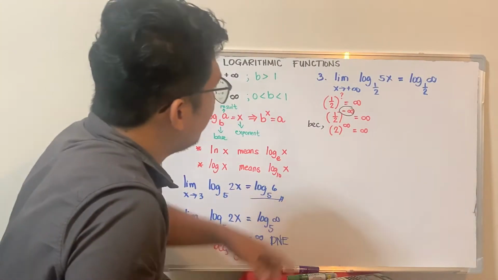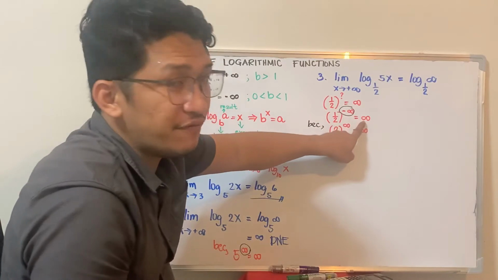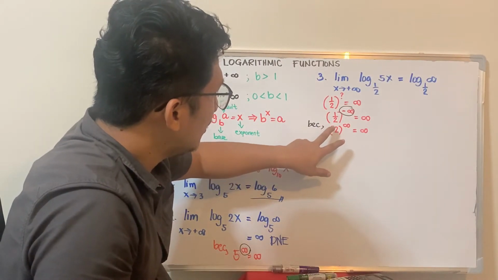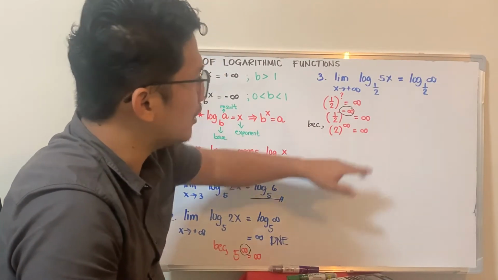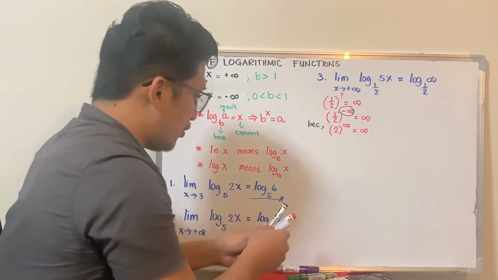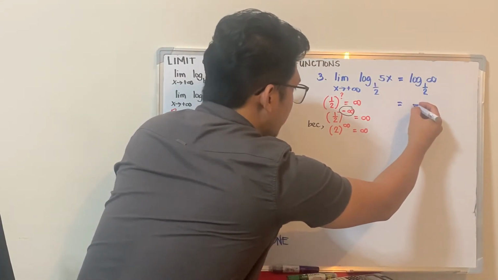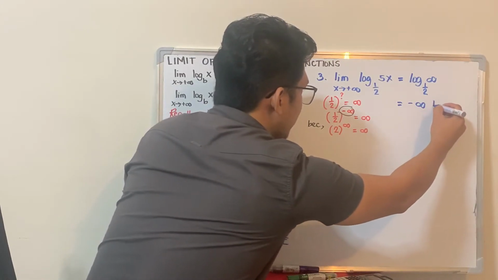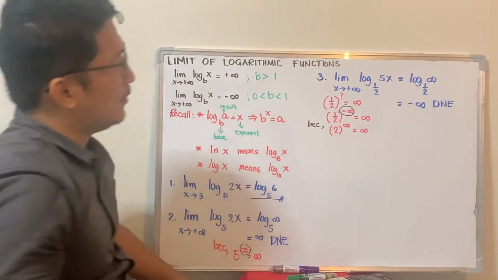Imong 1/2 should be raised to negative infinity to get infinity. Okay? Because kung imong i-simplify, mahimo ra na siyang 2 raised to infinity, which is equal to infinity. So, in other words, your answer will be equal to negative infinity. Guys, remember no? Limit does not exist gihapon.